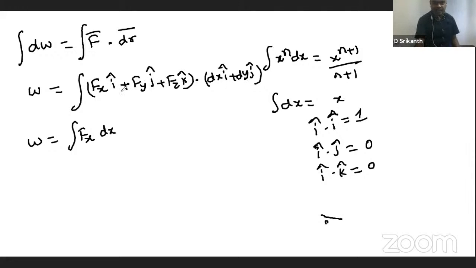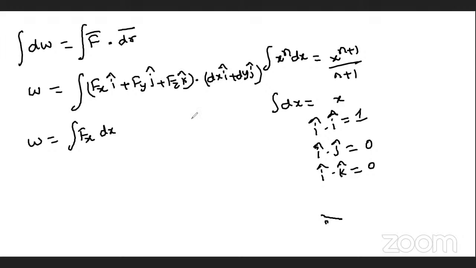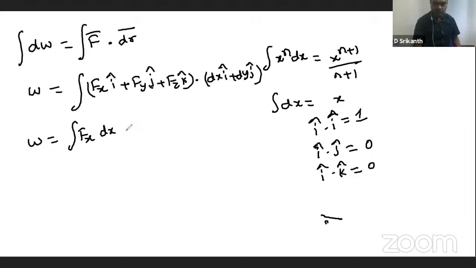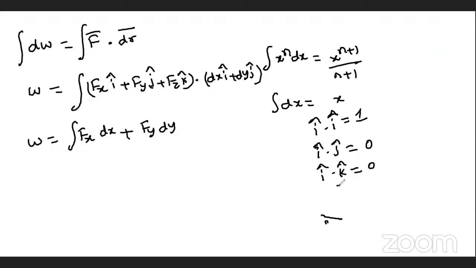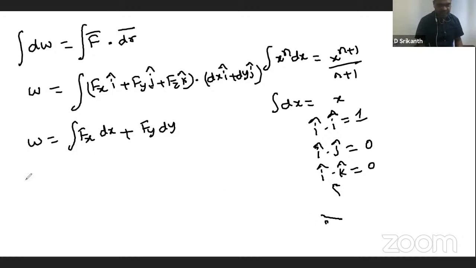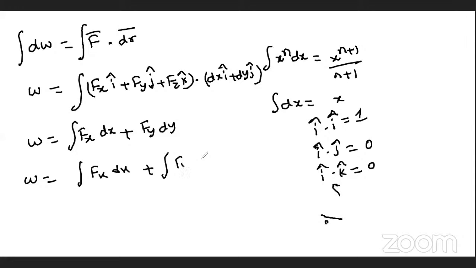Similarly, i cap dot j cap is 0, j cap dot i cap is 0, so plus Fy dy. k cap dot i cap is 0. So work done is equal to integral Fx dx plus integral Fy dy.